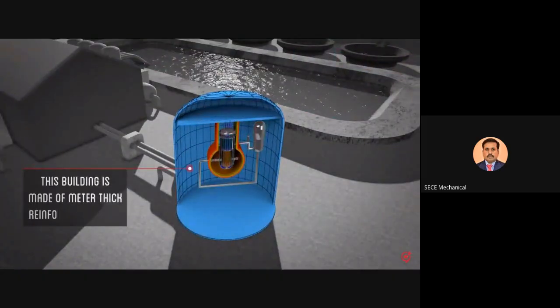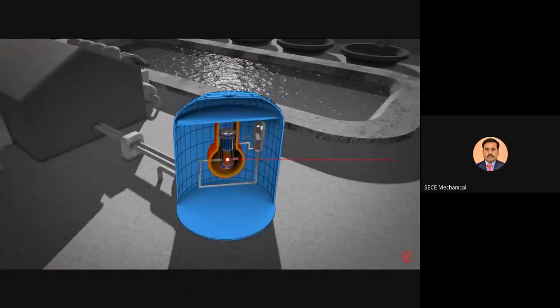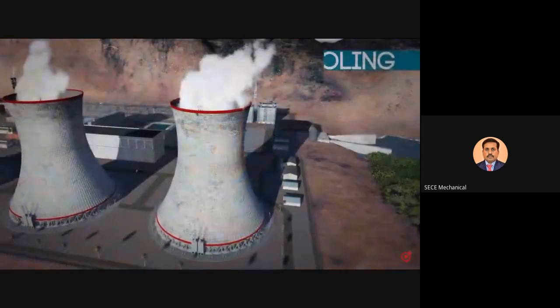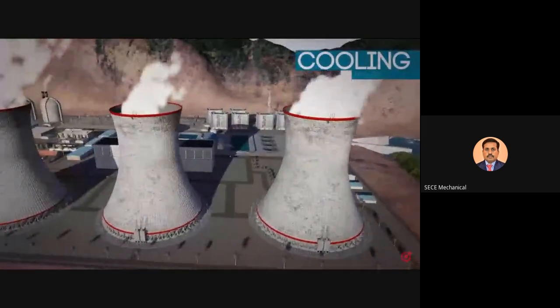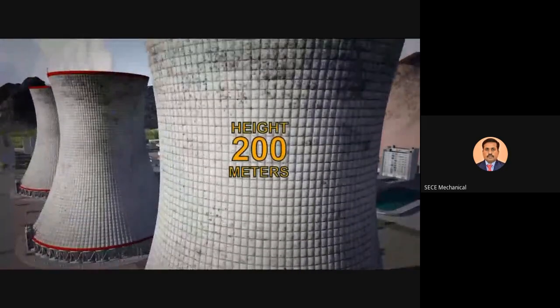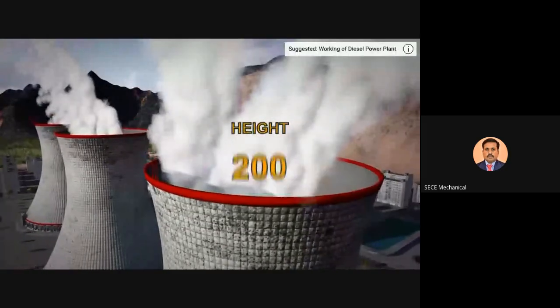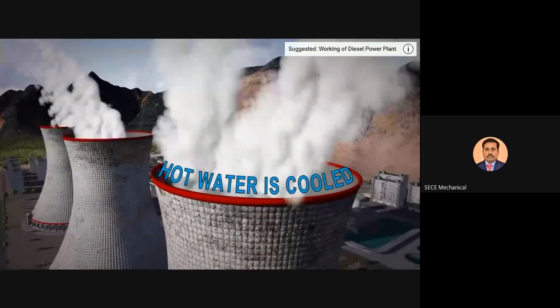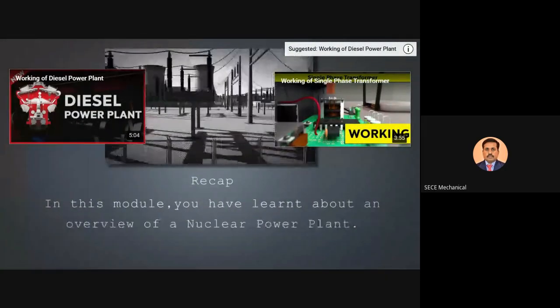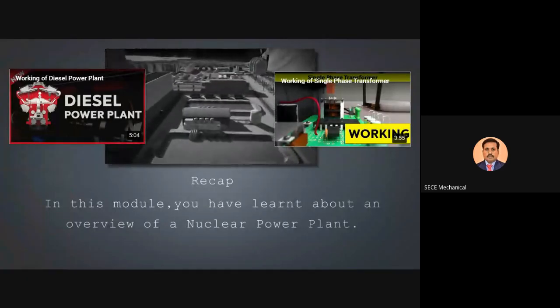This building is made of 1 meter thick reinforced concrete. Inside this building, nuclear reaction takes place. Cooling tower. It can be as tall as 200 meters. This is the place where hot water is cooled. In this module, you learnt about an overview of a nuclear power plant.